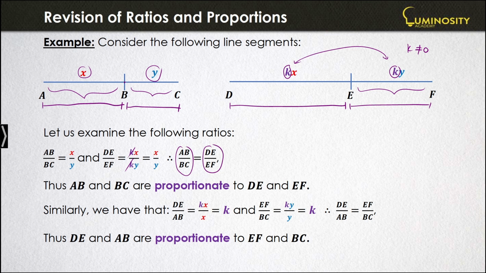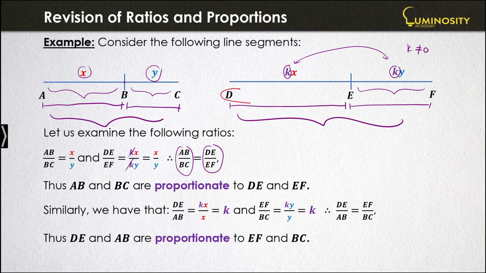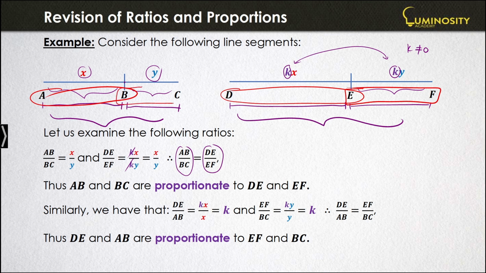Similarly, you can also say DE over AB. So now you can compare from two different lines. In the first case, we compared distances within the same line. Now we can compare distances from both lines simultaneously. If I do DE divided by AB, and then keep that same pattern, I'll do EF divided by BC.